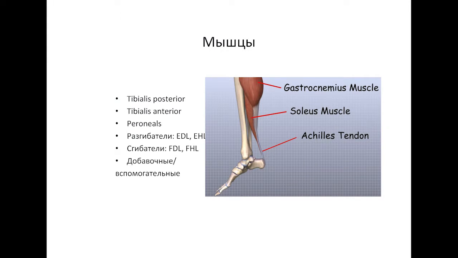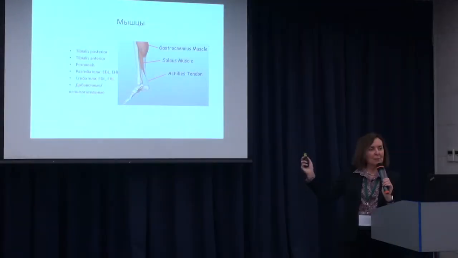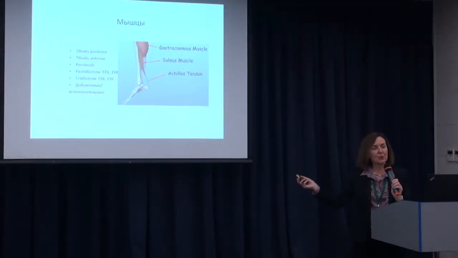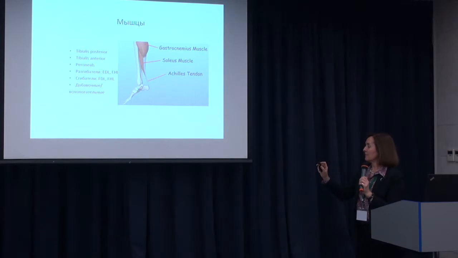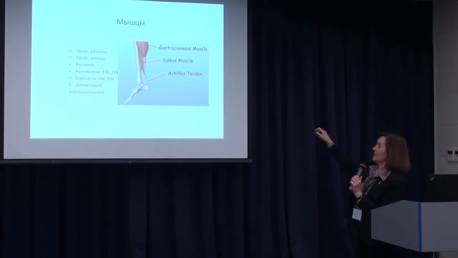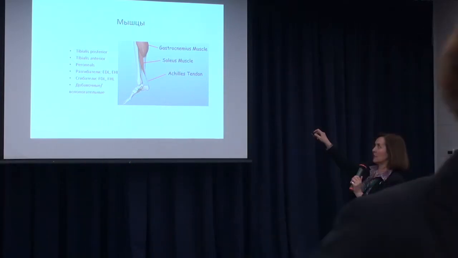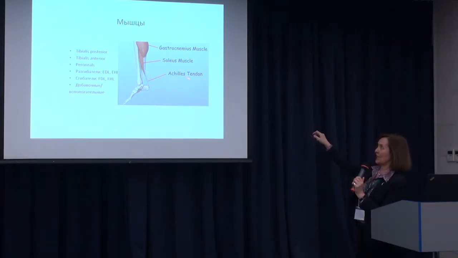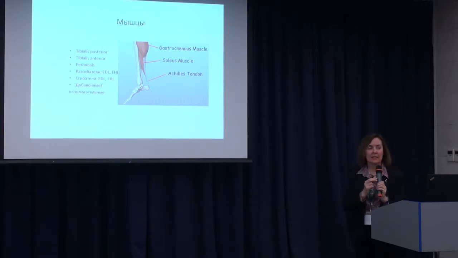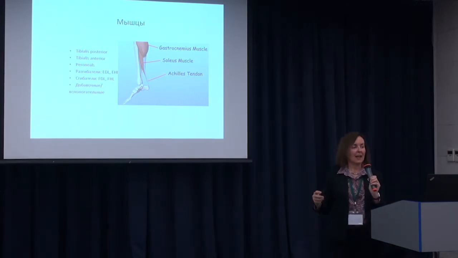You can see that the picture shows very clearly the triceps surae, made up of the overlying large gastrocnemius pair and underneath the smaller soleus, and of course both of which track into the Achilles tendon and then attach to the calcaneus.